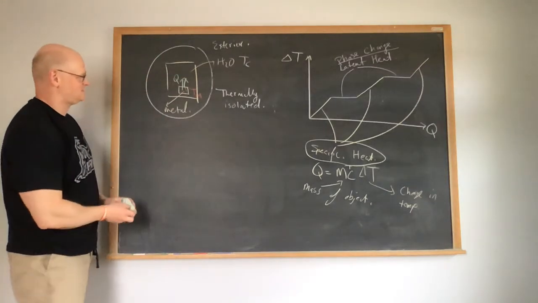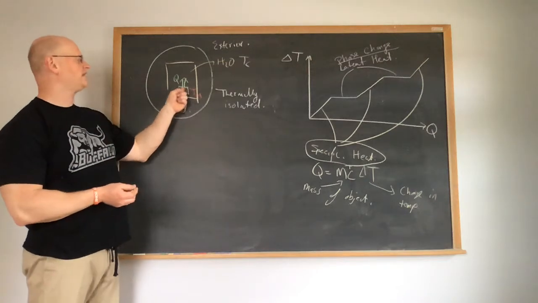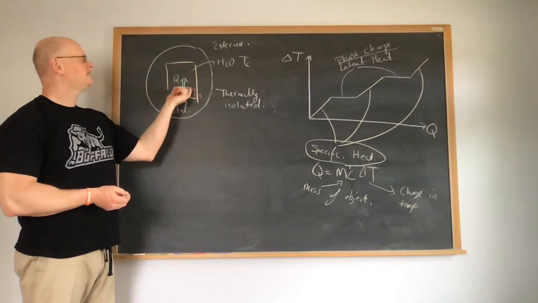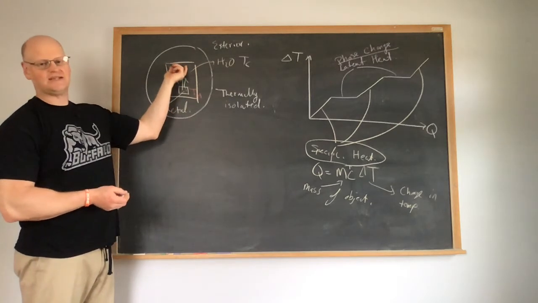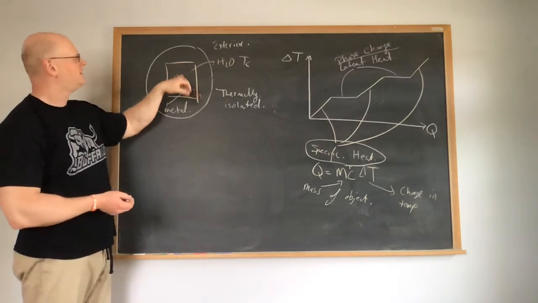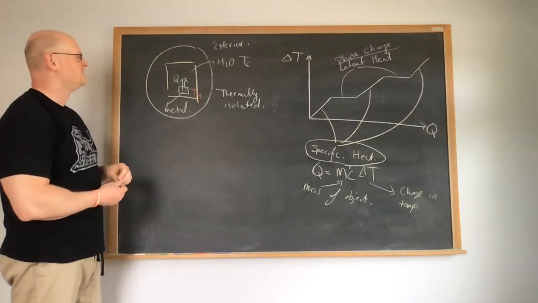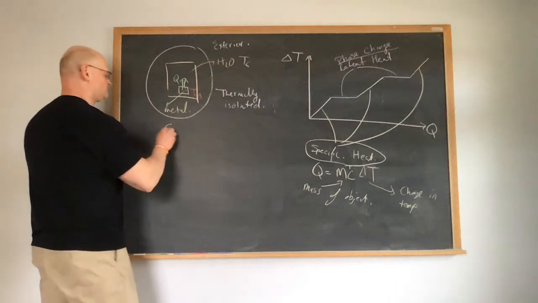Which basically means that we're going to assume, again, that all the heat which comes out of the metal is going to go into increasing the final temperature of the water here.